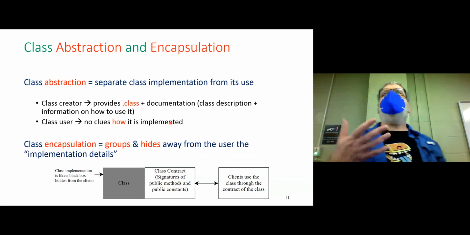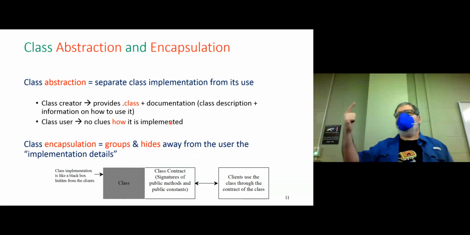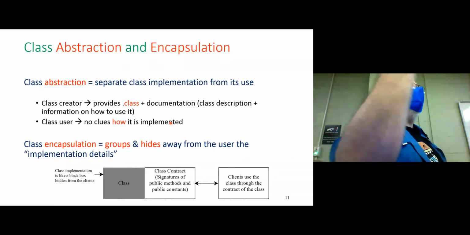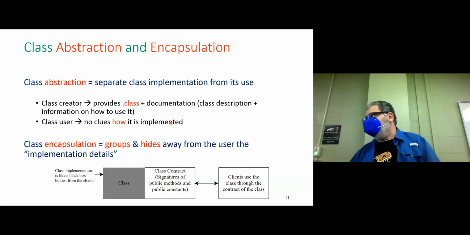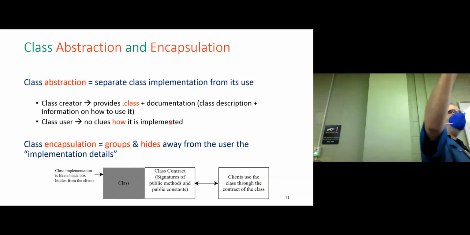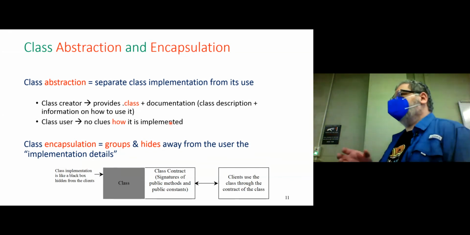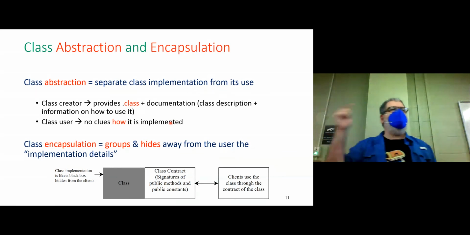So all I give you is a list of methods, with a phrase or a sentence or two to explain what they do. For each method you have the value that it returns, if any, and the list of parameters, if any. Okay? So now you're ready to take that .class file, put it in your current folder where you have the other files for your current project. And then, in your other files, you're going to reference my class.